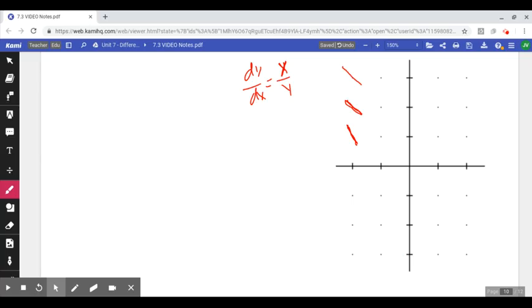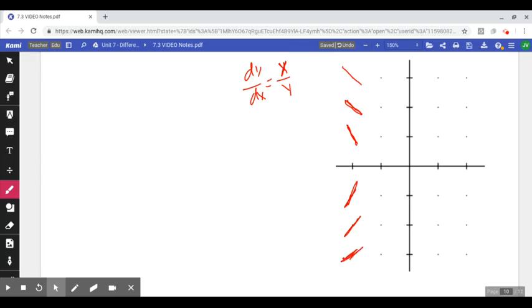So that slope should be +2. So I'll try to draw a +2 slope line right here. And then if I keep going, I've got (-2, -2), so that slope would be 1. And then -2 divided by -3, so that would be 2/3. So it's going to look maybe a little bit like this right here.